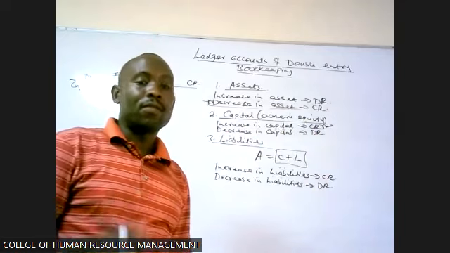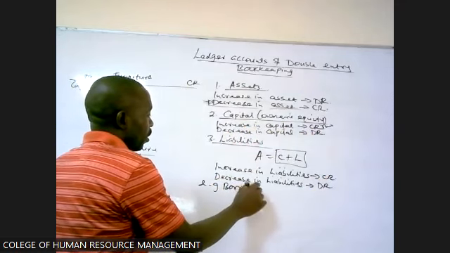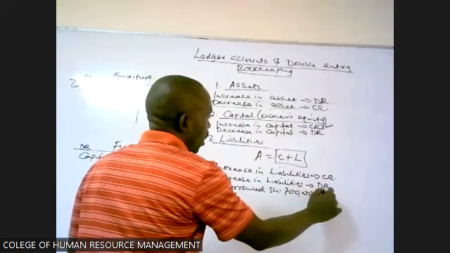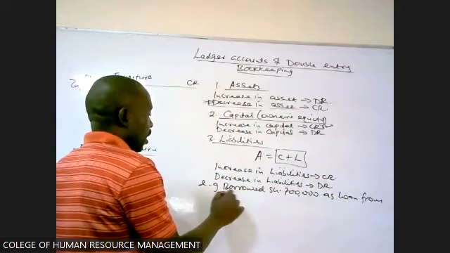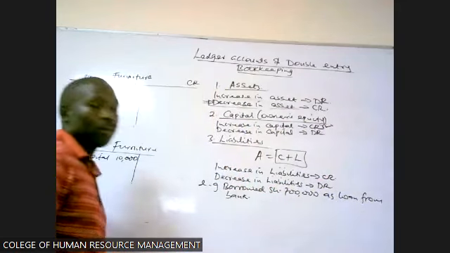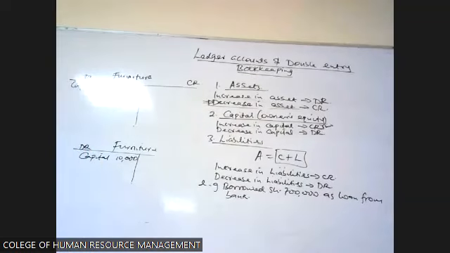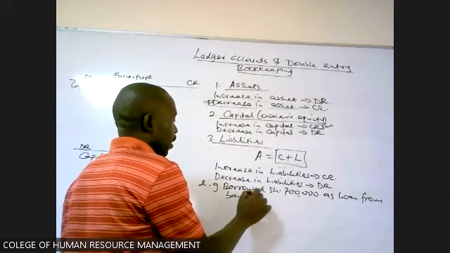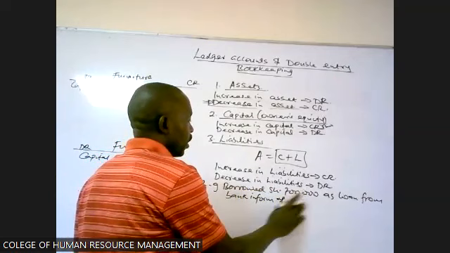Like, for example, you can be told, borrowed 700,000 shillings as loan from bank. Borrowed 700,000 shillings as loan from the bank. So you will realize that one, from the bank, let me include this in form of check.